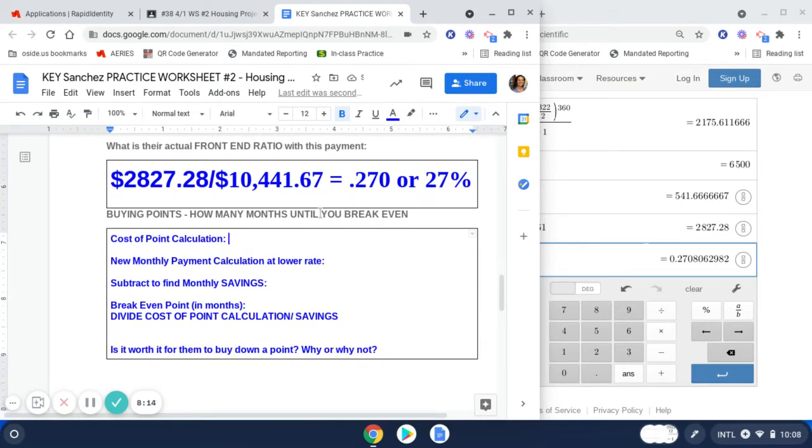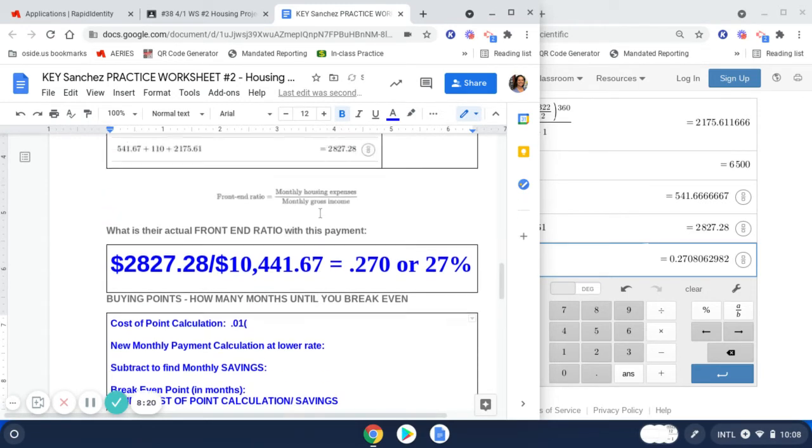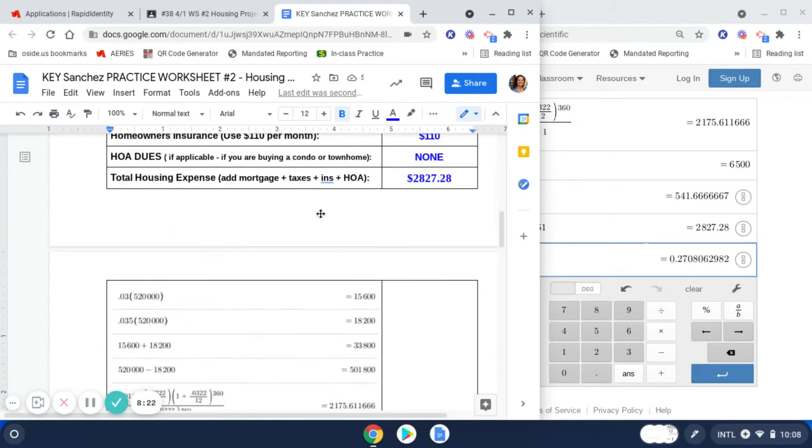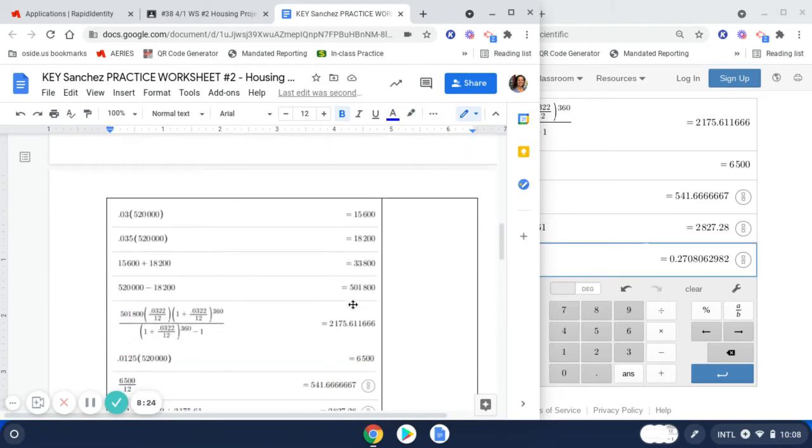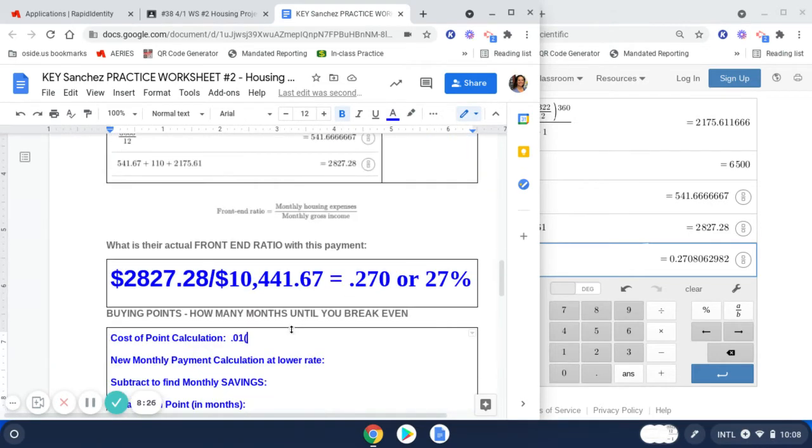All right, now let's calculate the cost of points calculation. So this is going to be 0.01 or 1% of your loan amount. So going back up here, what was our loan amount? It was $501,800. So 1% of $501,800 is $5,018.